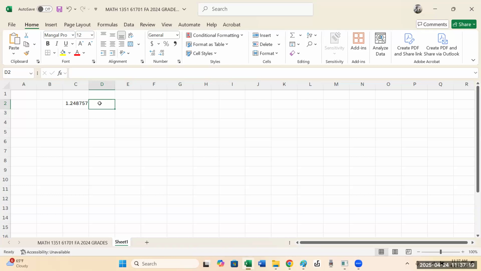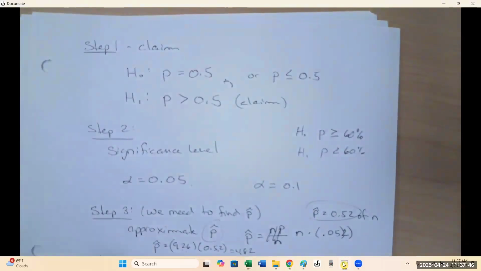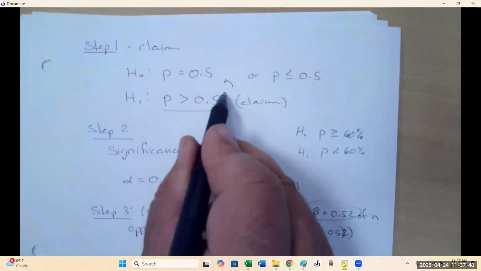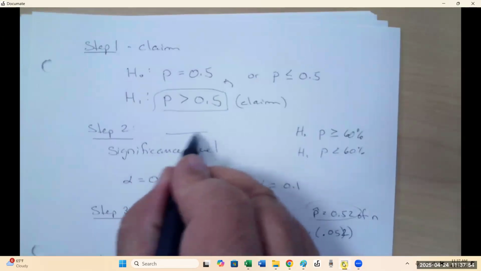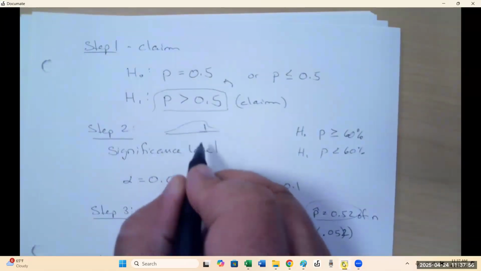Now, do we have a one tail left, one tail right, or two tail test? What kind of test do we have? How do we determine what kind of test we have? Right. Let's look at H1, the alternate hypothesis. It's pointing to the right, so our chart is one tail right.